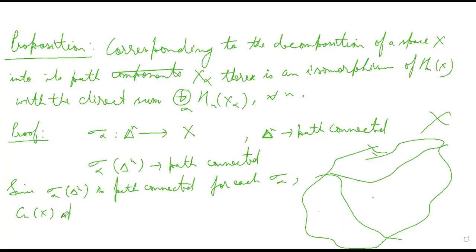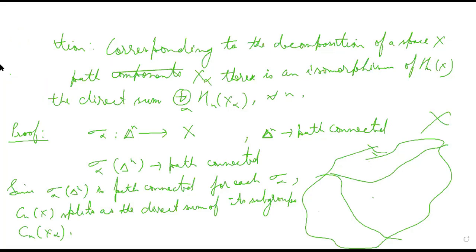splits as the direct sum of its subgroups CnX alpha. So you just see here.